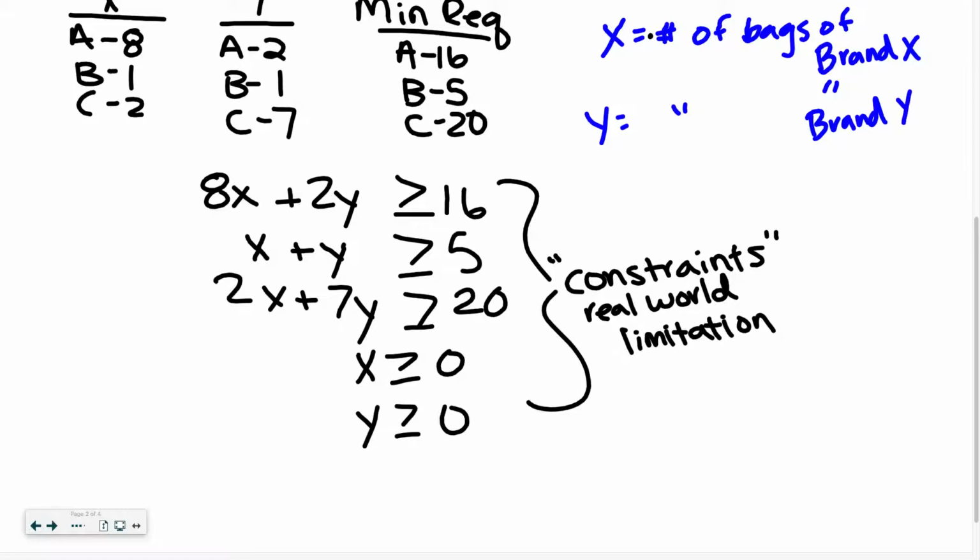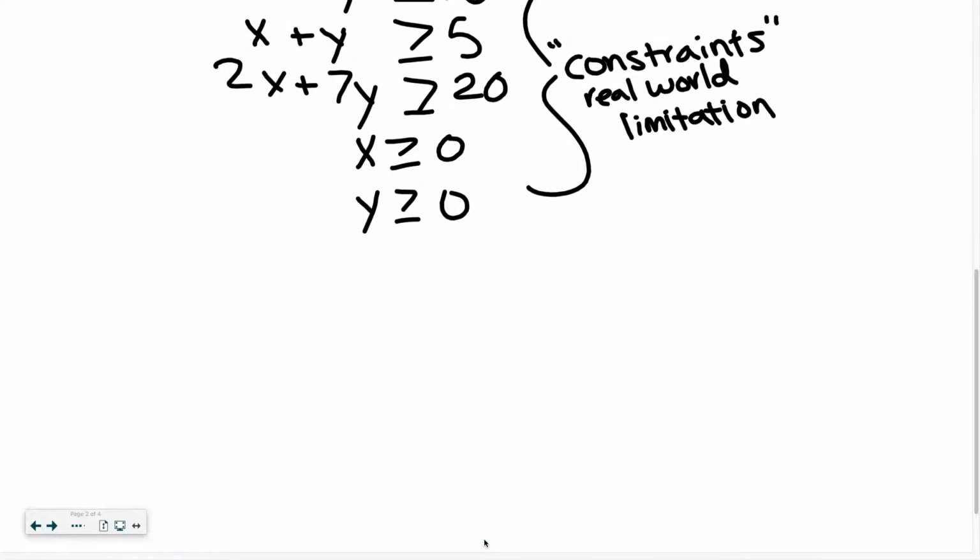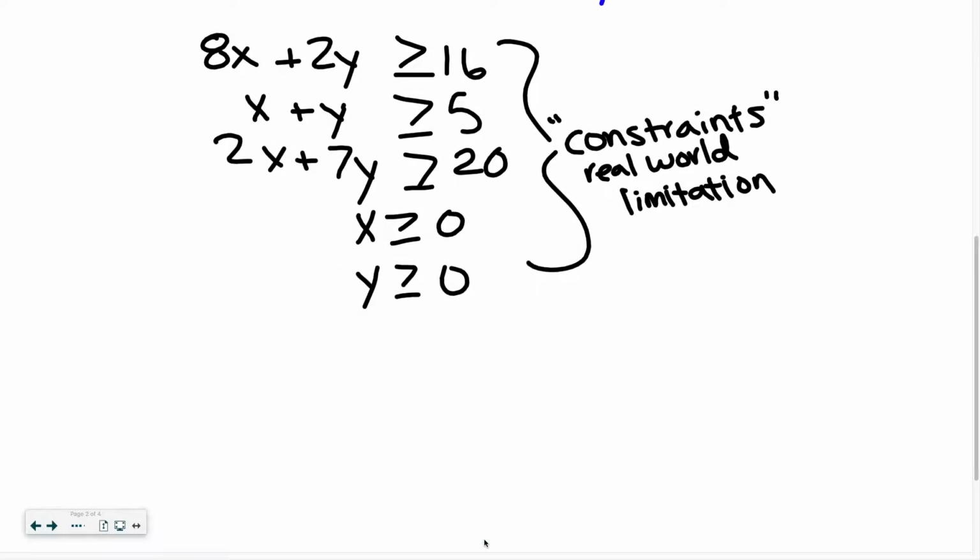So it just depends, but most of the time, if it doesn't specify X or Y's lowest value, you have to constrain it by 0 and above. Okay, a lot of times in linear programming questions, people lose a point because they don't include those. So put a little star next to them. Okay. Well, we're going to graph to see our solution.